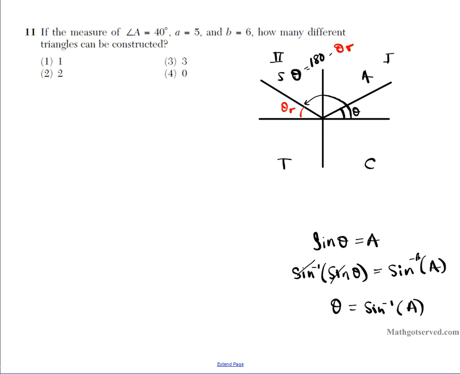What you need to remember is that the sum of angles in a triangle is always equal to 180.